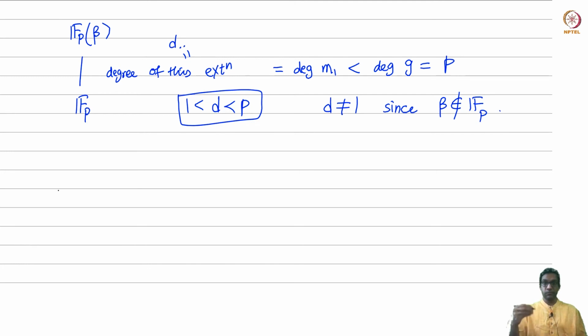Okay, what does that mean? Well, recall from your construction of finite fields, you have learned that if I have a finite field Fp and I have a degree d finite extension, what does that mean? It just means that the field on top, Fp(beta), as a vector space over the base field, is of dimension d.